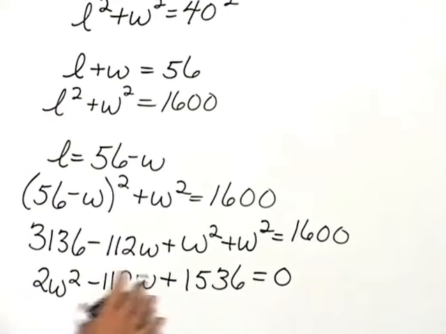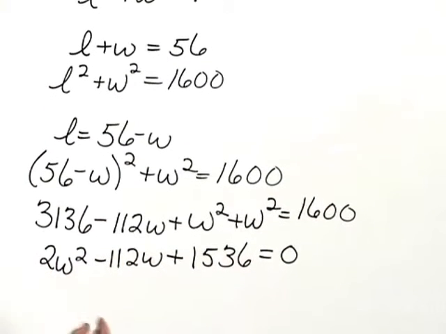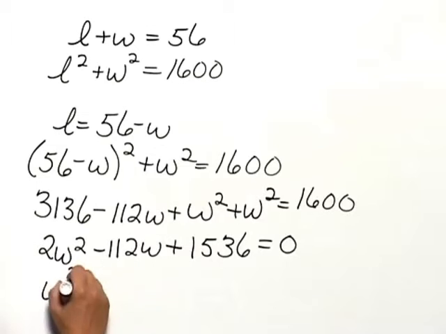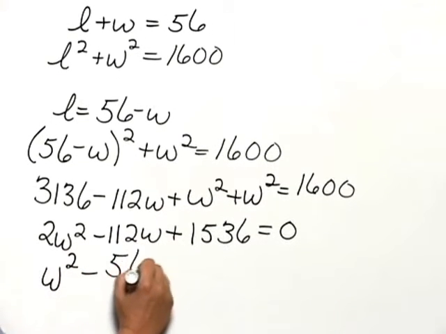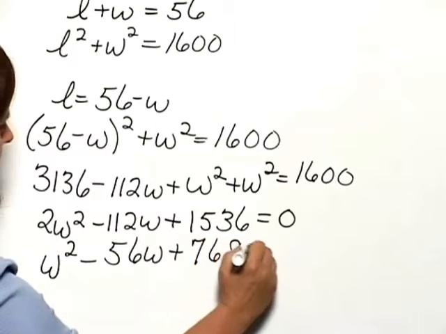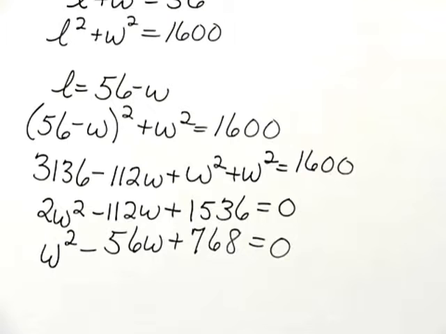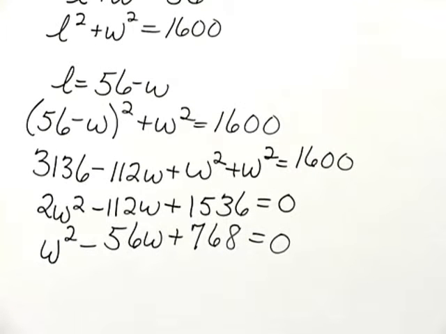Now we could factor here. Let's go ahead and divide everything by 2 again to make our numbers a little smaller. We have W squared minus 56W plus 768 equals 0. And this does factor. It might not be obvious how it factors, so you could solve it using the quadratic formula.